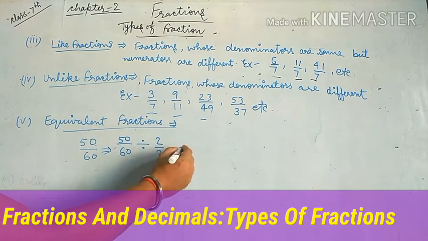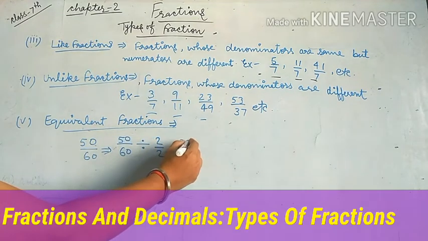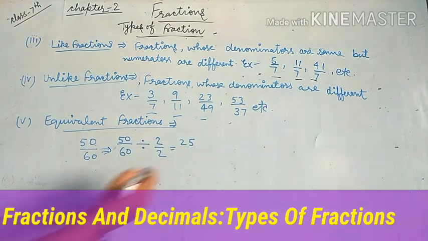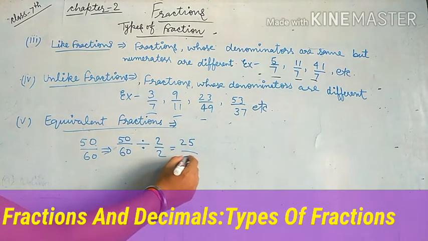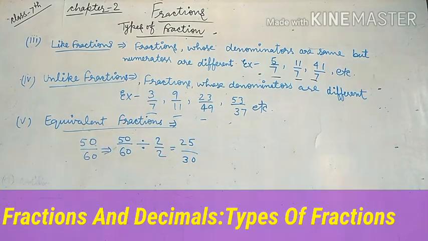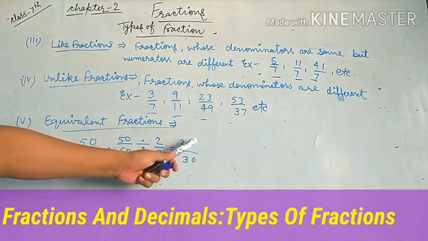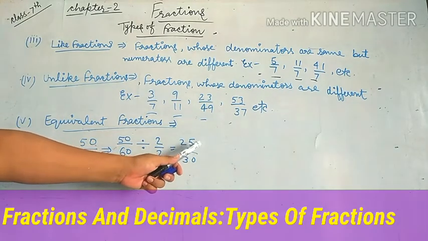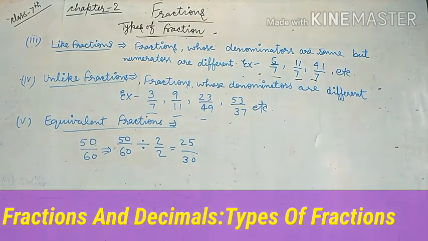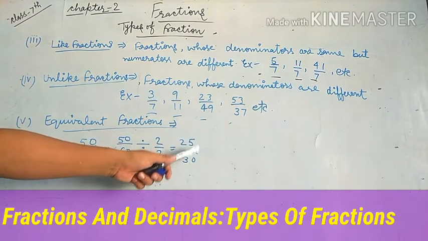So what will come? In the numerator 25 and in the denominator 30. And now you are seeing that 25 and 30 can both be divided by 5. So their common number is 5.